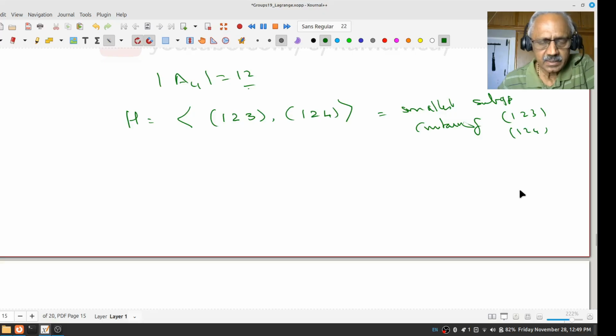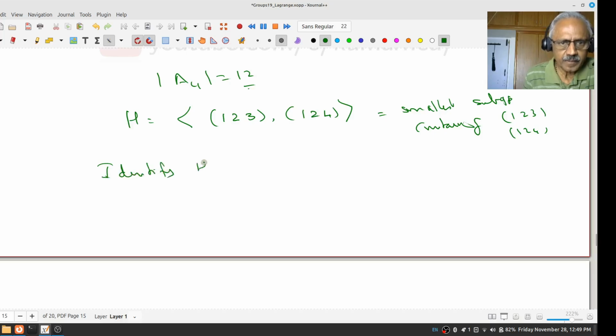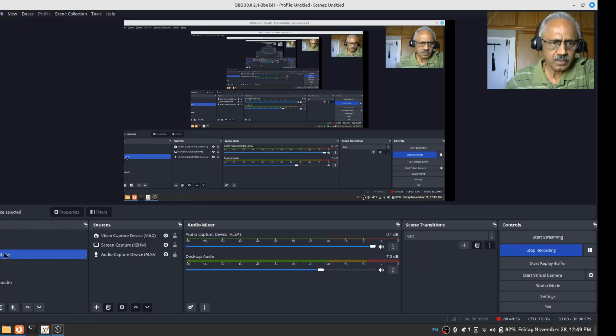Now how do I find it? I want to identify H. This example I just thought of for fun. Let us see whether something interesting happens.